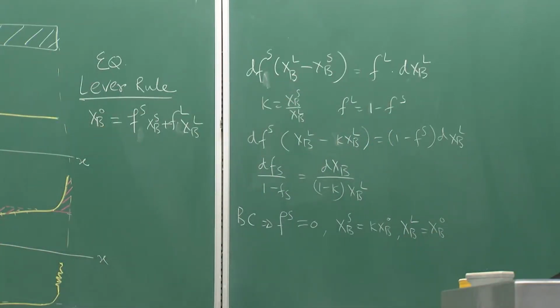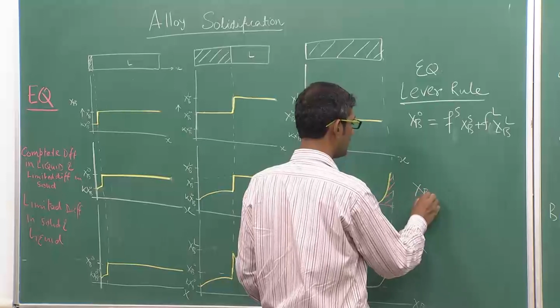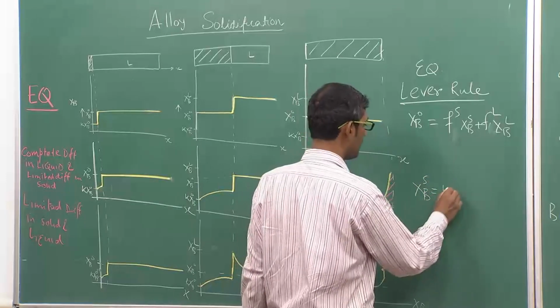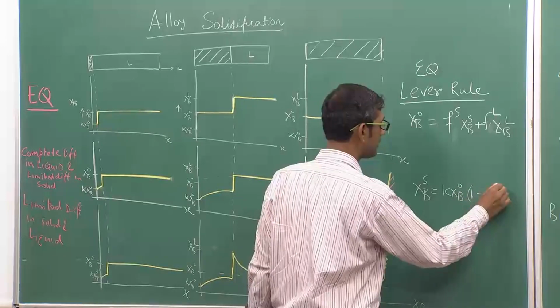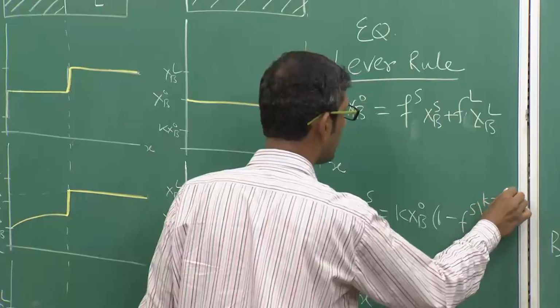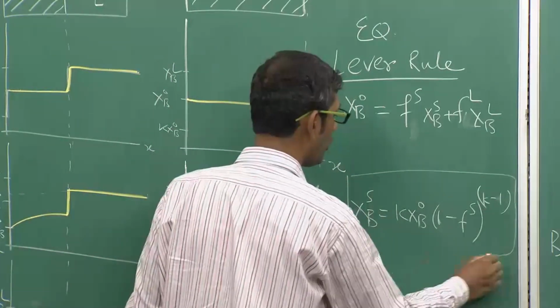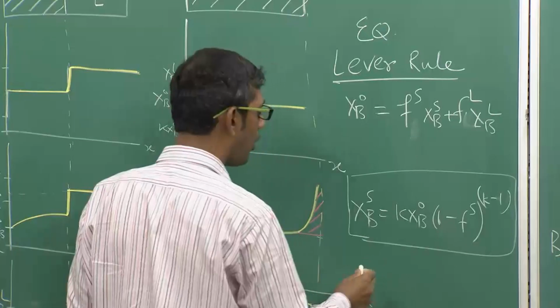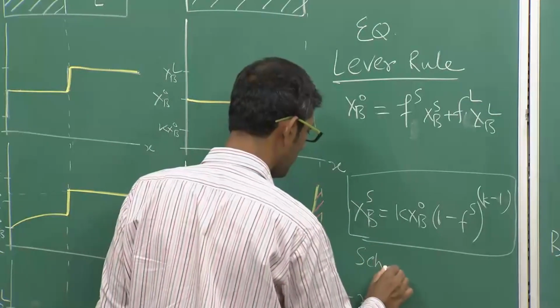So if you plug in all these things, the final equation I write down here will be xps equal to k xp0 (1 minus fs) to the power k minus 1. This is known as the non-equilibrium lever rule, or Scheil's equation.